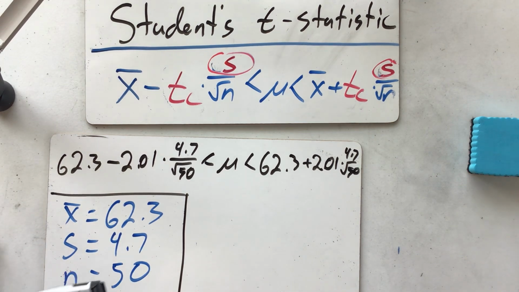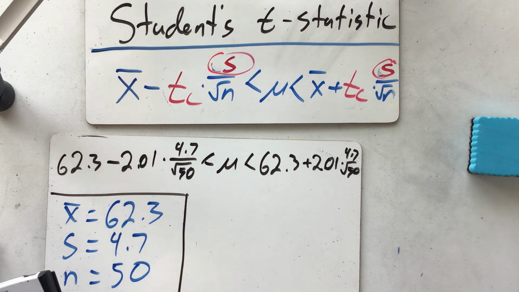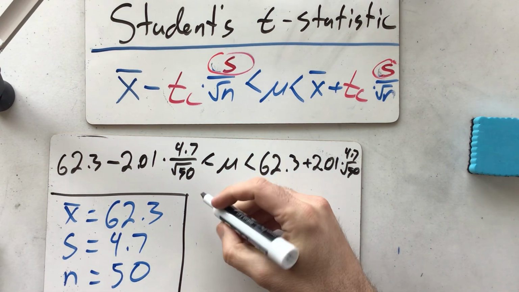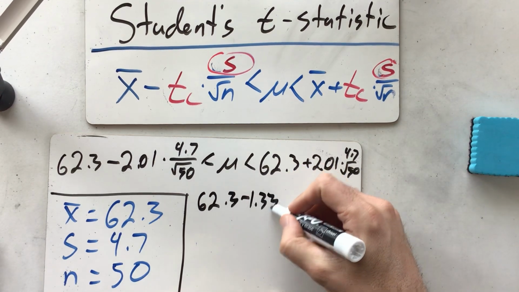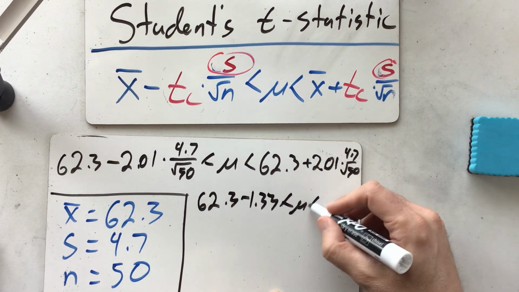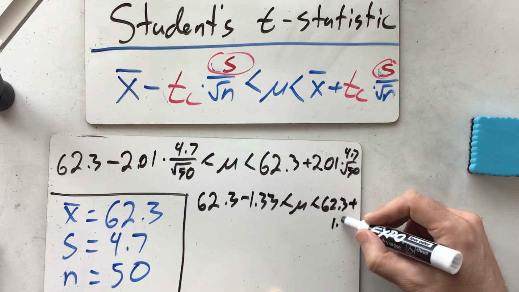Oh, hold on. Let's do the inside part first. 2.01 times 4.7 divided by the square root of 50. And that's going to give me 1.33 for that part. So I've got 62.3 minus 1.33 is less than mu is less than 62.3 plus 1.33.